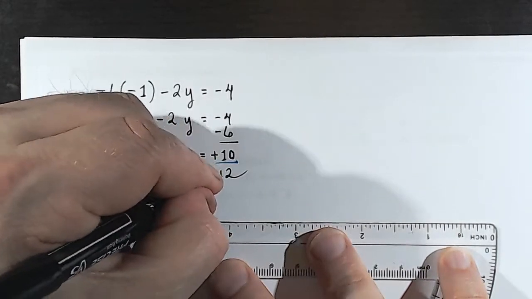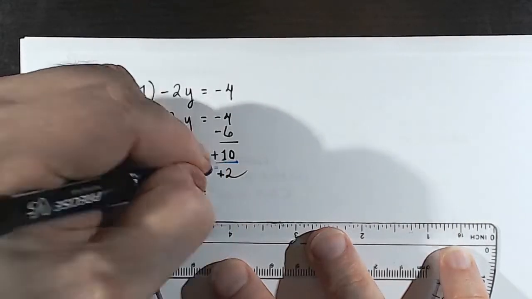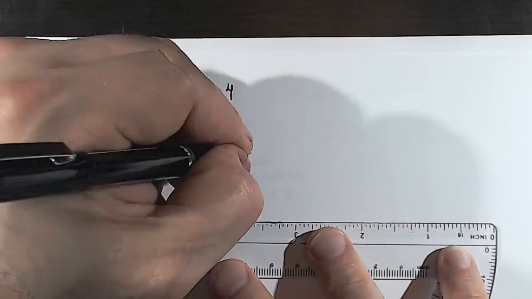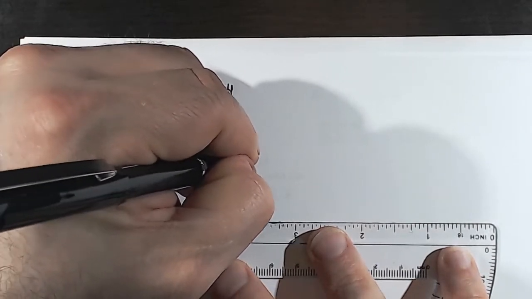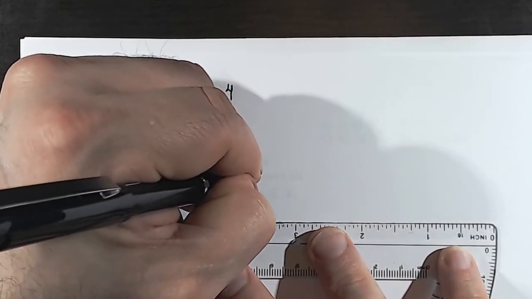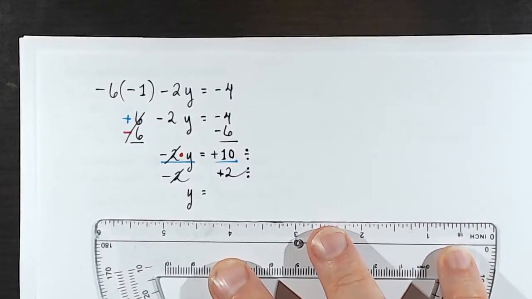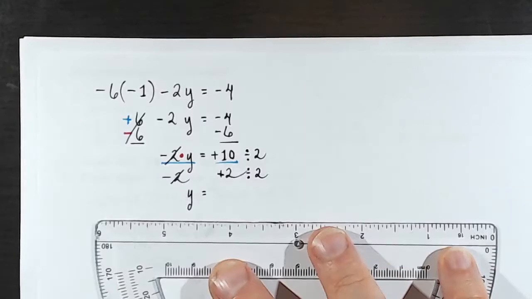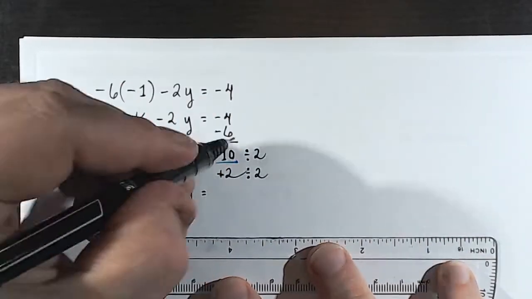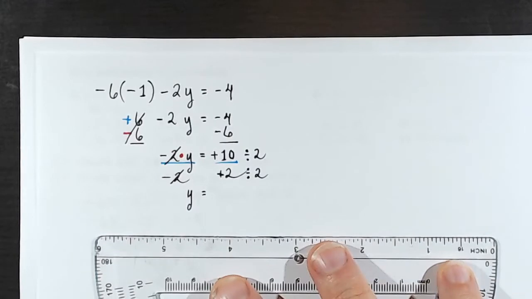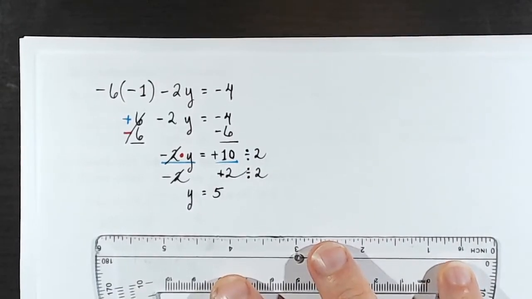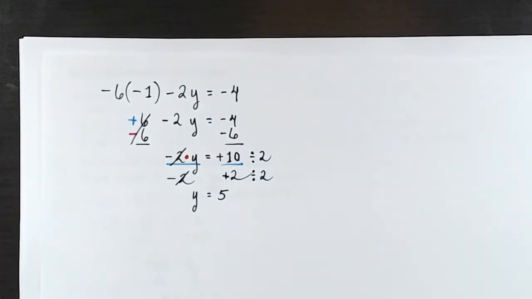Negative divided by a negative is a positive. So I just do 10 divided by 2. Or I reduce 10 and 2, right? What I'm actually doing is I'm dividing the top and the bottom by the greatest common factor of 10 and 2, which is 2. So 10 divided by 2 is 5, and 2 divided by 2 is 1. So it's just 5 over 1, or 5. So y equals 5.